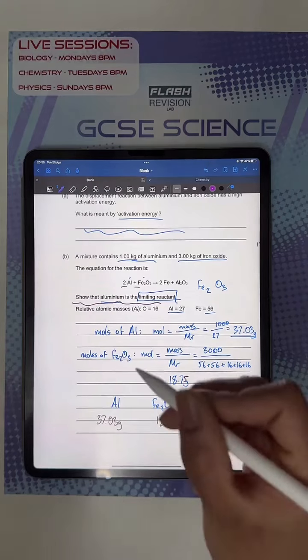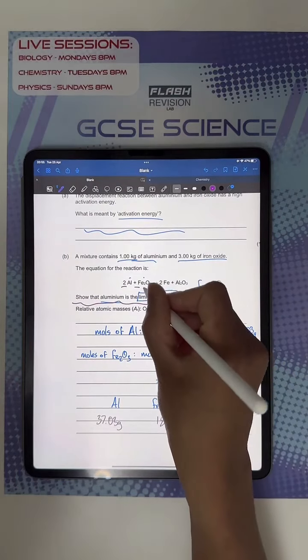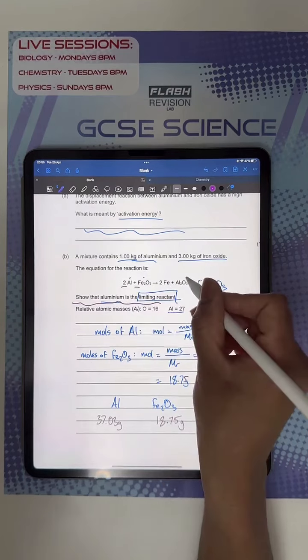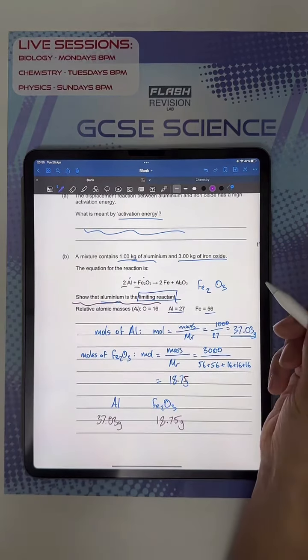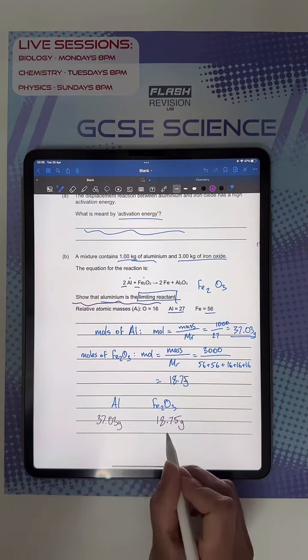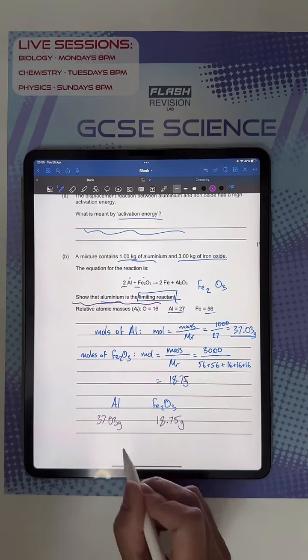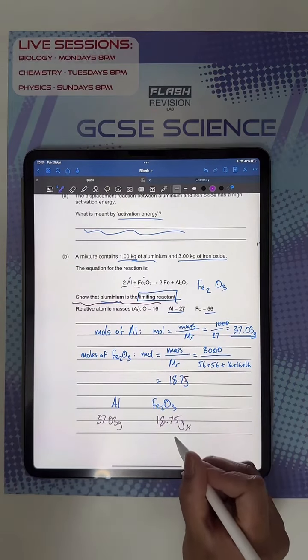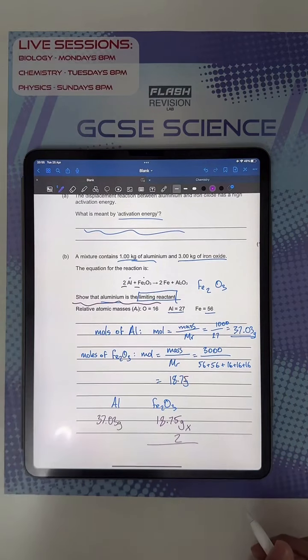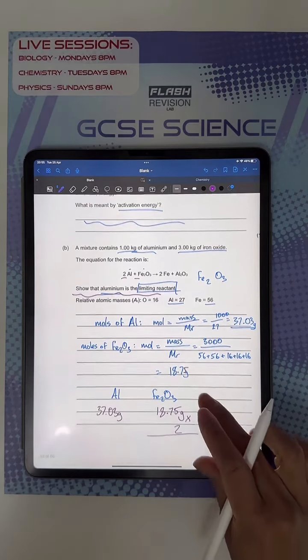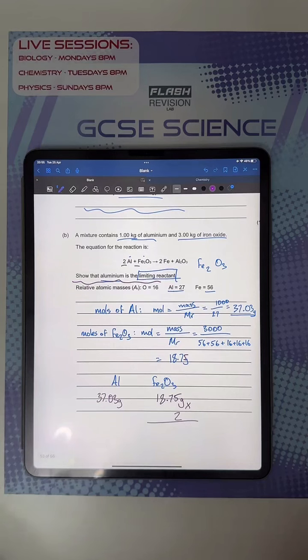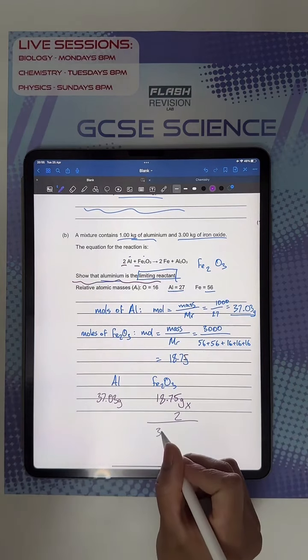So that means in this reaction, you have to have double the amount of aluminium than you do Fe2O3. So the question is, do we have double or do we have less? If it's limiting, we should have less than double of this. So let's times this by 2. What is 18.75 times by 2? 37.5, exactly.